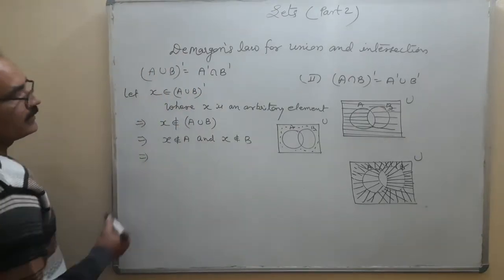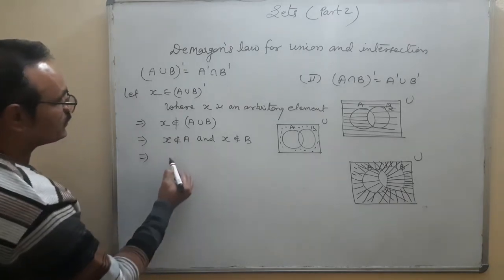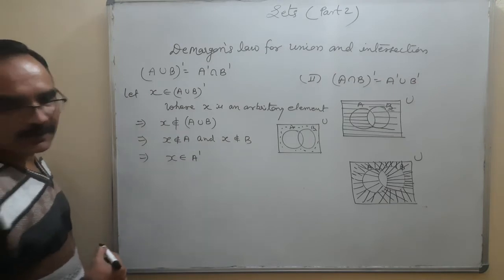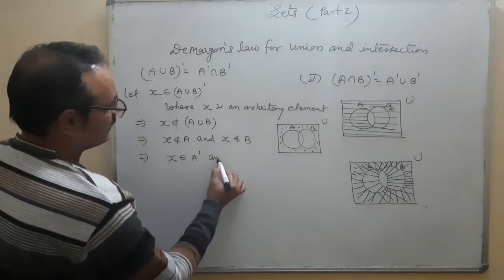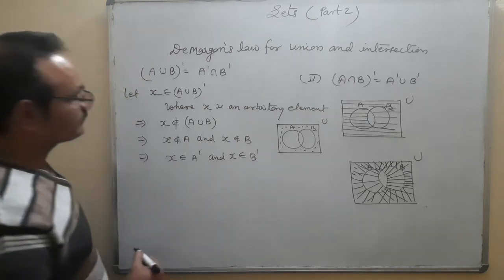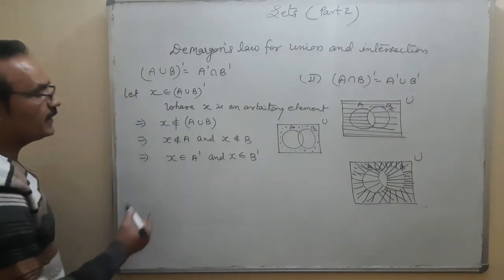Okay. X doesn't belong to A. What does it mean? X belongs to A dash and X belongs to B dash. This is the meaning. Okay. And what is the meaning of that?